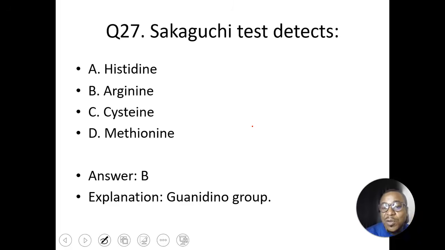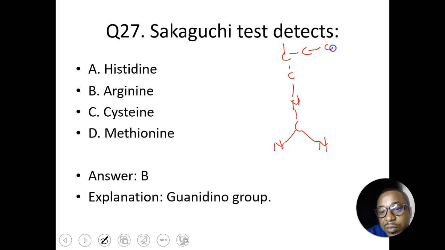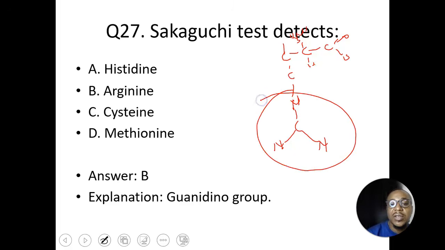The guanidino group looks like this: N, C, N, N. This group here is the guanidino group, which is found in arginine.